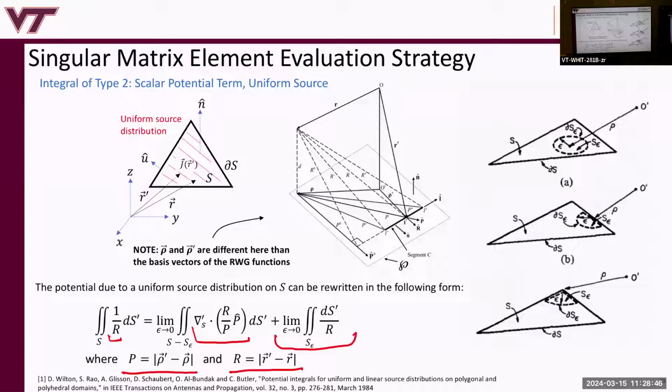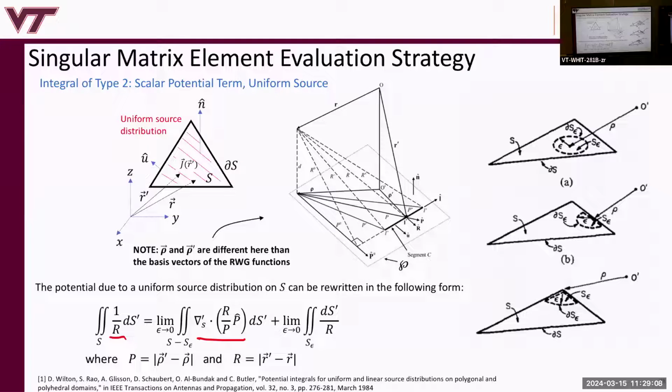Now, the integration over S is now S minus S epsilon plus S epsilon. Don't worry about this term here; we're going to show that it goes to 0 anyway. The whole point here is 1 over R becomes the divergence of R over R hat, and we'll derive that next slide.